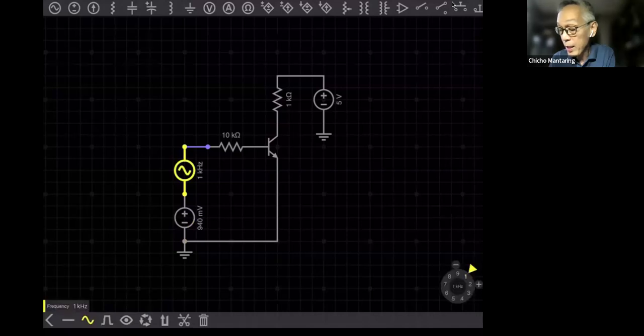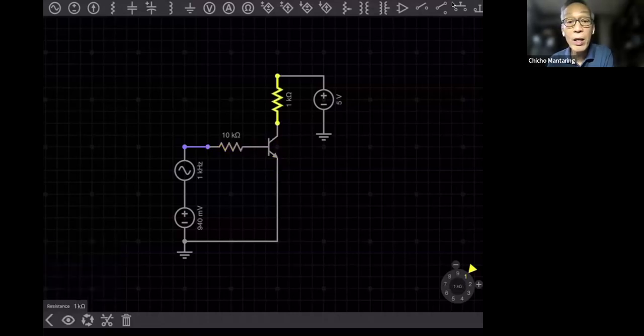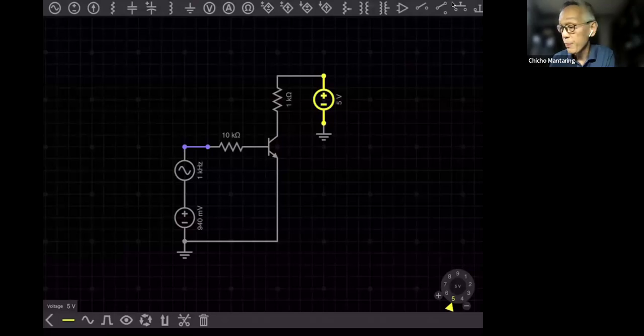This is my input signal, which I gave an amplitude of 0.24 volts, or 0.48 volts peak to peak. This is a transistor whose beta is equal to 100, although the simulator that I'm using uses a more advanced model of the transistor. 10K resistor, 1K ohm collector resistor, and a 5-volt supply.